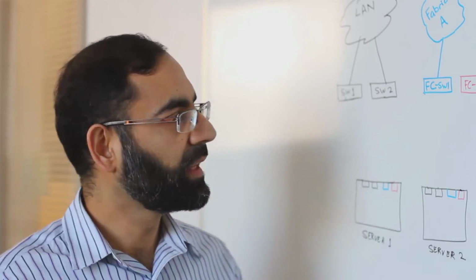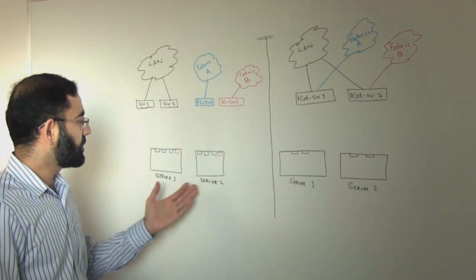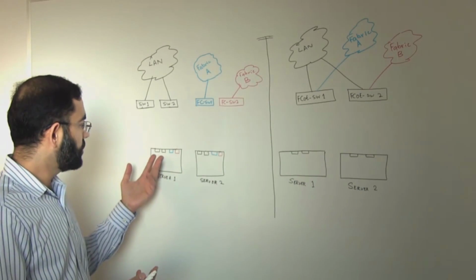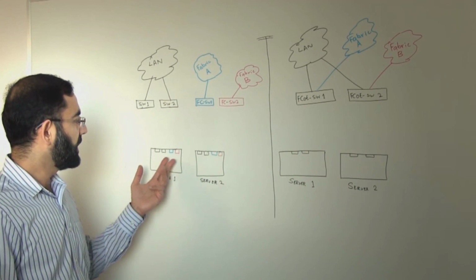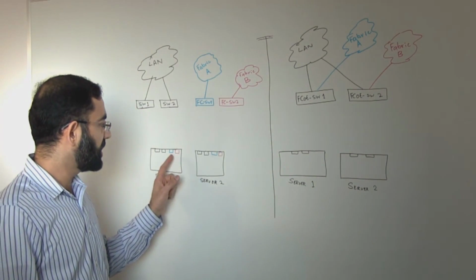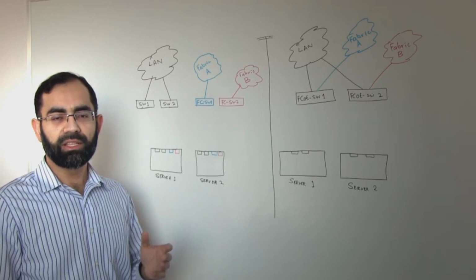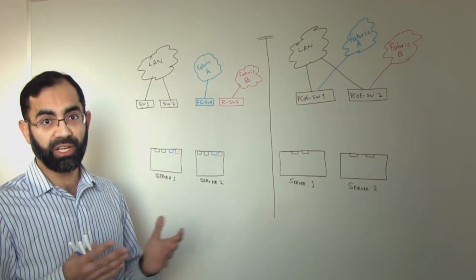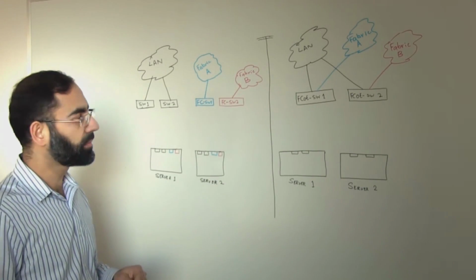Now going back to the current view of data centers, what we're showing here is a couple of servers which in a very simplistic environment today have two NICs that are shown in black, and they have two HBAs. And I've shown HBAs in blue and red color to show that these are physically separate dual rail kind of connections going into FC switches.